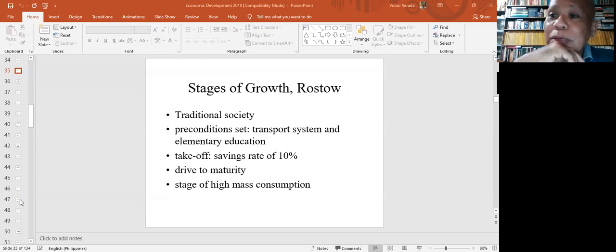And many of the economic historians point out that this is what really differentiates developed economies from other civilizations, even ancient civilizations.